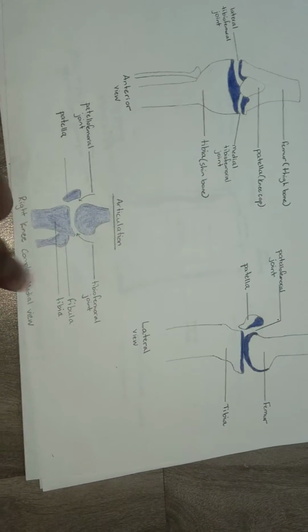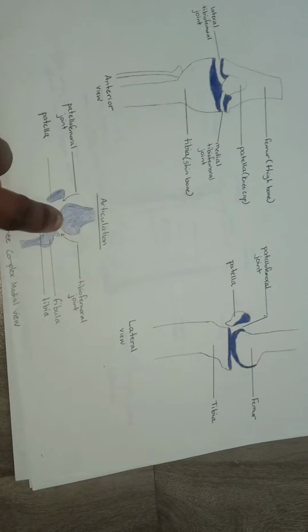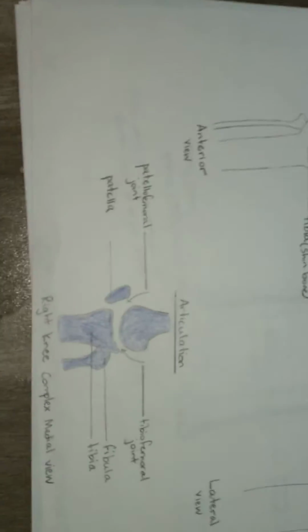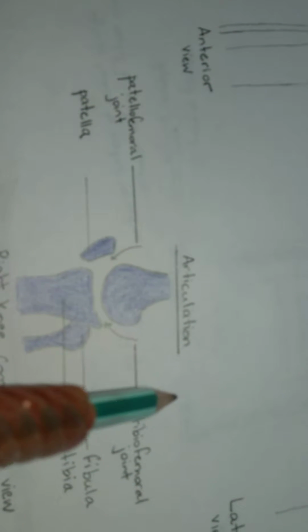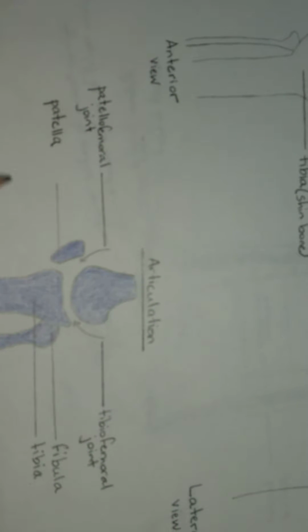The tibia here and the femur articulate to form the tibiofemoral joint. The colored area basically describes how this takes place. As you can see where the arrows are indicating, this is the patellofemoral joint and this is the tibiofemoral joint. Those are the two articulations that take place.